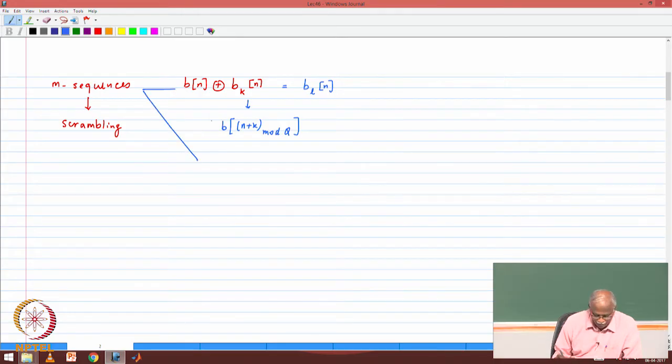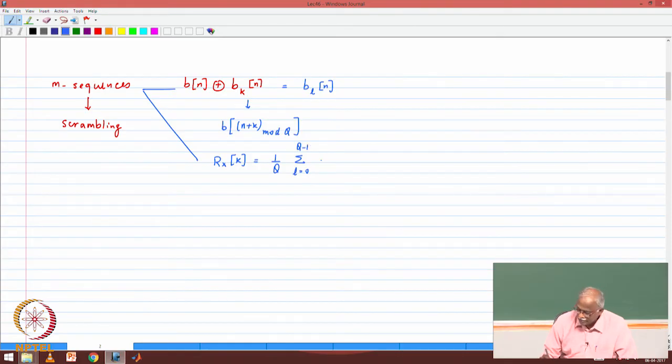Another very useful property of the M sequence is the cyclic correlation. Rx of k is defined as 1 over q, summation over L equal to 0 through q minus 1, of x of L times x star of L minus k mod q.